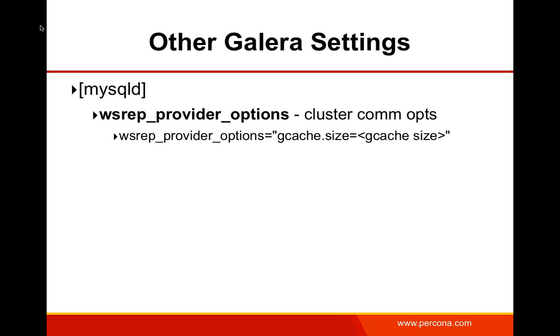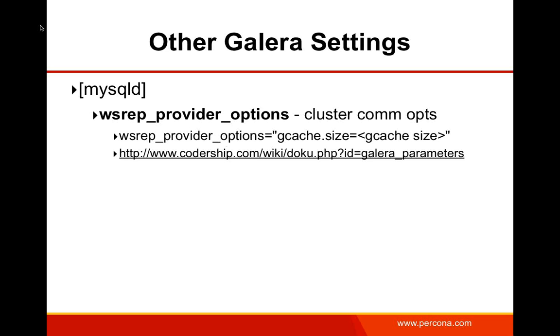But that is an option you should be aware of. Here's an example of how you would set it: provider options is gcache.size. I'm not going to go into what gcache is right now, but there's a whole list of things that you can tune in there, and you may want to at least be familiar with that or read down through that. But they aren't required to just get a basic thing set up and running.